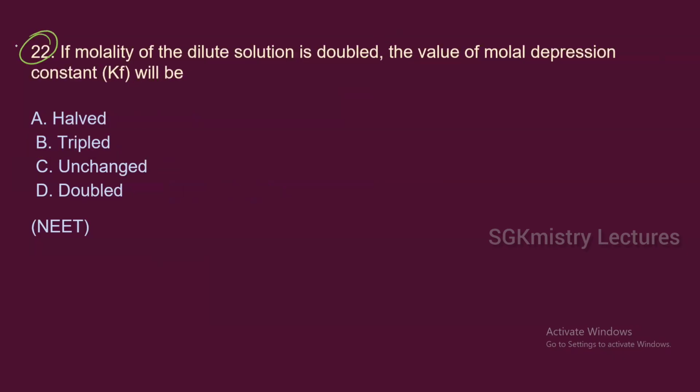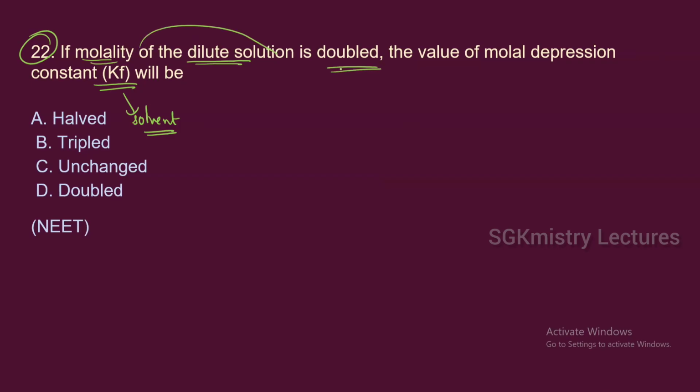If the molality of the dilute solution is doubled, the value of molar depression constant Kf will be. Kf is a property of the solvent only, and it only depends upon the nature of the solvent. It does not depend upon the solute concentration. Here they have given the dilute solution, the molality is doubled, right?